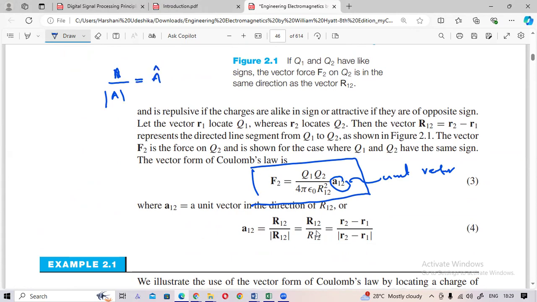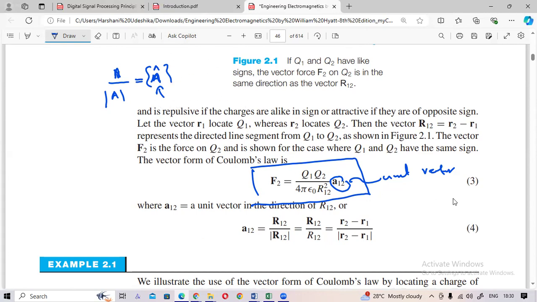Normally we use a hat for a unit vector. This is the notation I am familiar with, so maybe other notation may be used.